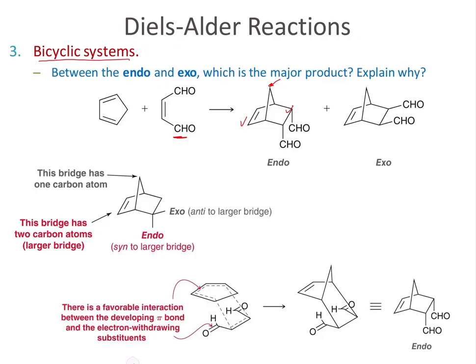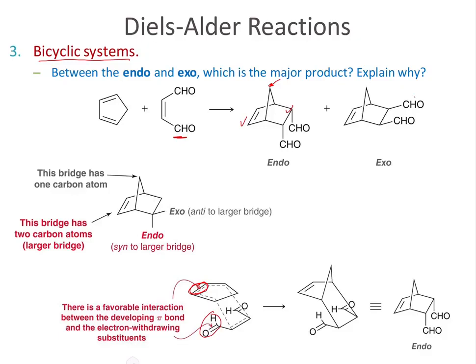dienophile organizes itself so that the dienophile has the electron withdrawing groups on the same side as the developing pi bond, then that kind of reaction is going to be favored, because the interaction between the electron withdrawing group and the developing new pi bond is favorable, being on the same side.